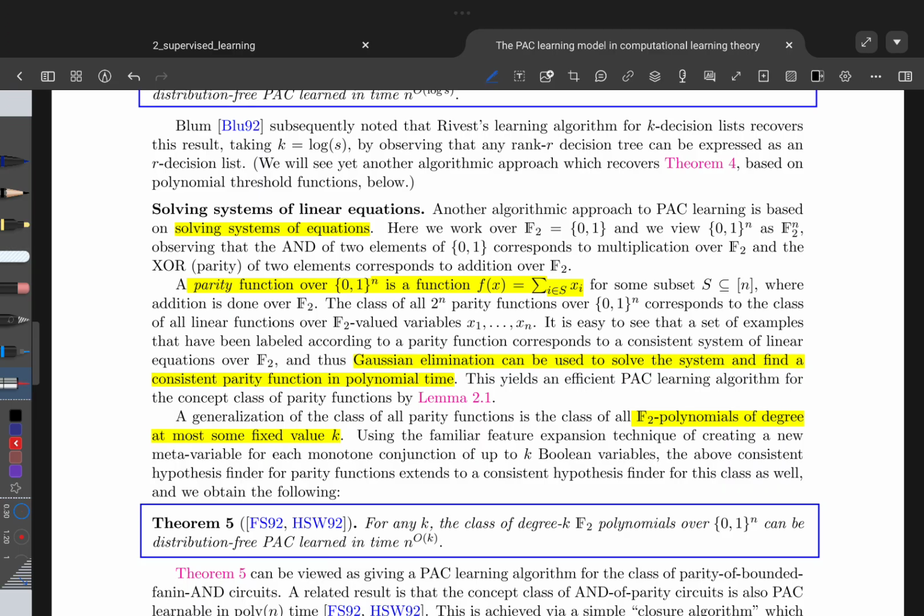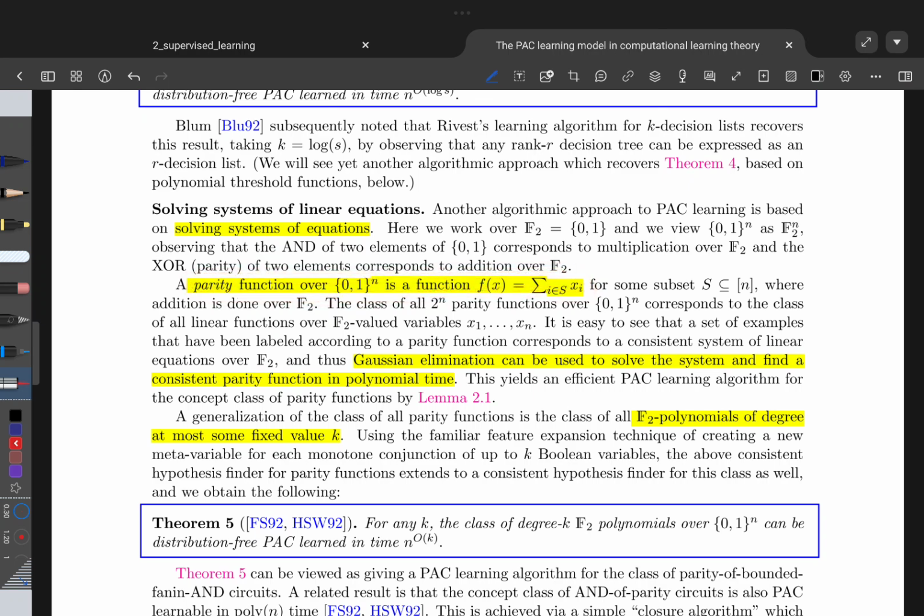So one is KCNF and KDNF. The other is decision trees, all of constant or small size. Another approach is those functions that are linear. All right. So you solve a system of linear equations, or in other words, a set of parity functions.